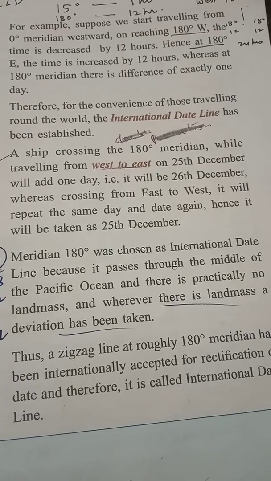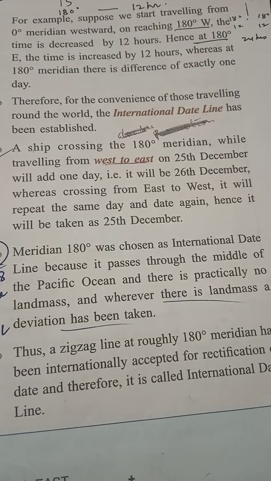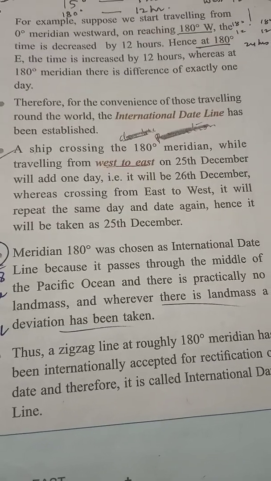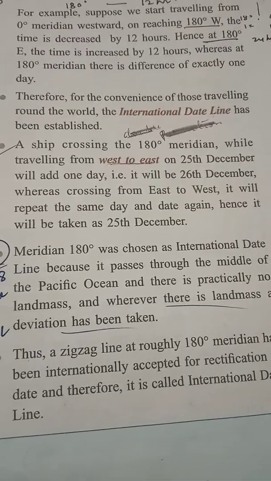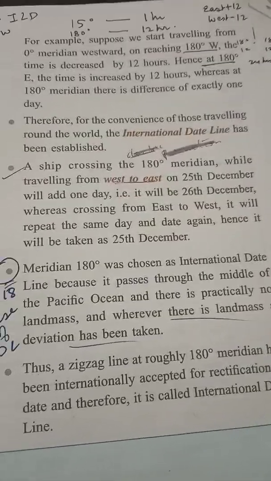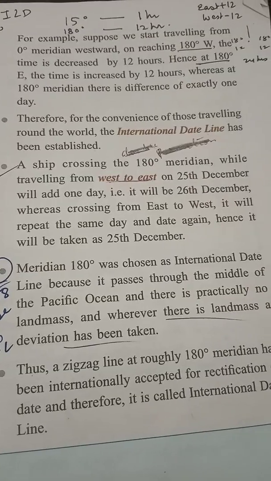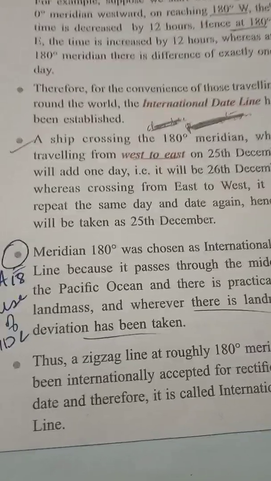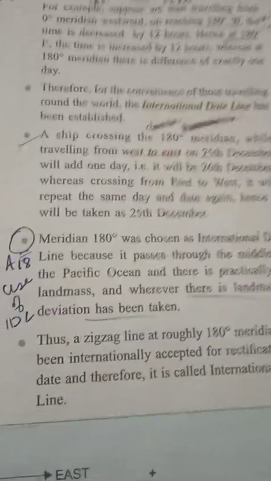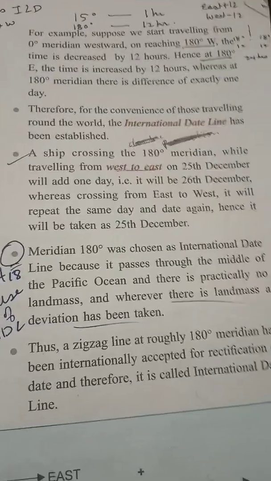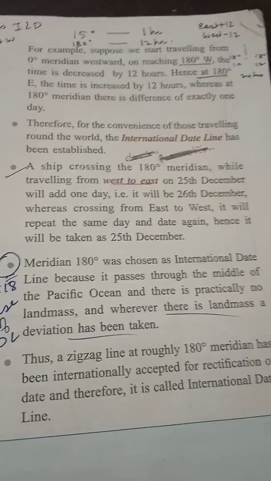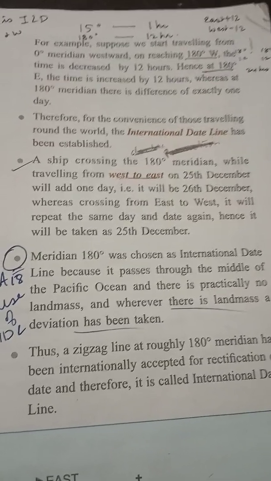So the meridian 180 was chosen as the international dateline. Why? Because it passes through the middle of the Pacific Ocean. And why through the middle of the Pacific Ocean? Because there is practically no land mass over there. Of course, some land is there, but mostly it is water, and therefore the line is zigzag and it deviates for the sake of convenience, so that whatever land is incorporated into any country, it can follow the same time of that country.